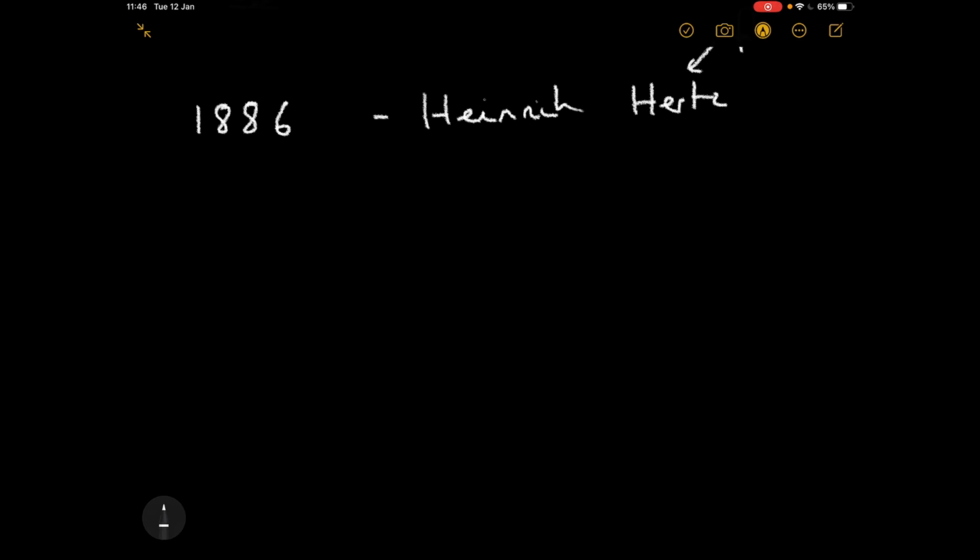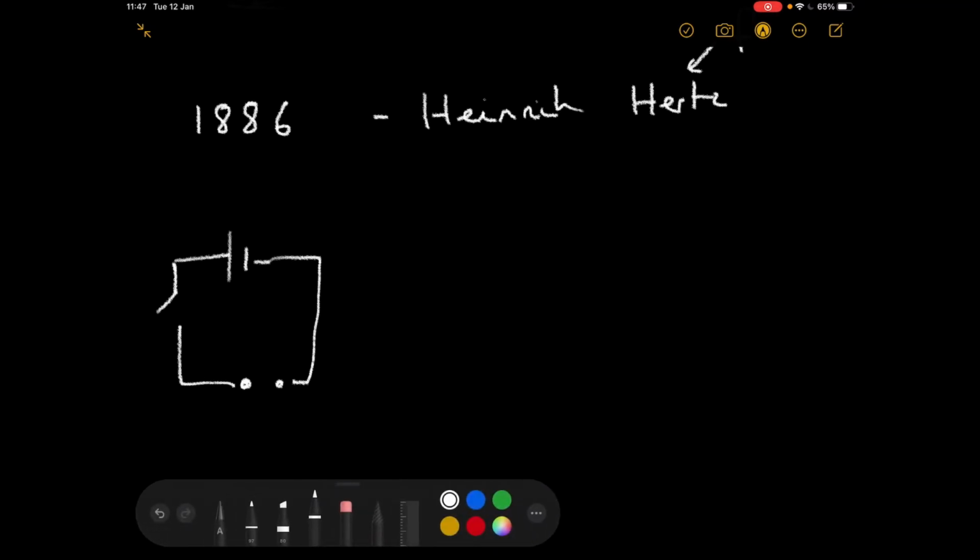So Hertz builds a rather ingenious contraption. He builds the first radio transmitter and detector. In a very, very simple way, this is a radio transmitter.